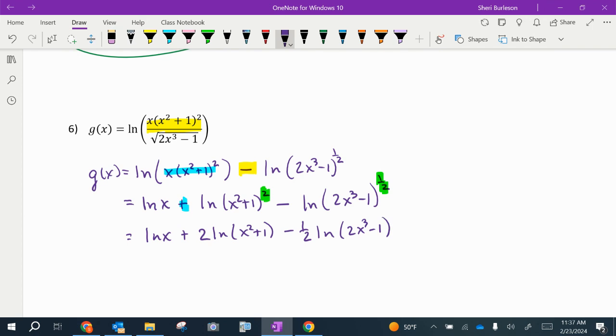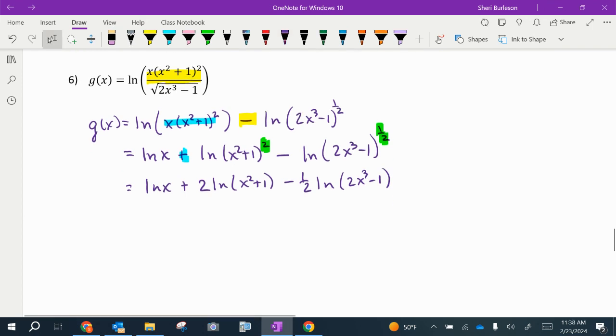Now, it took a little bit to use those properties of logs to get to this point, but now, since g of x is just the sum of natural log functions, g prime of x becomes relatively easy. Derivative of natural log of x is 1 over x.